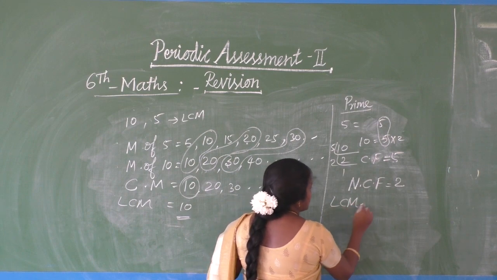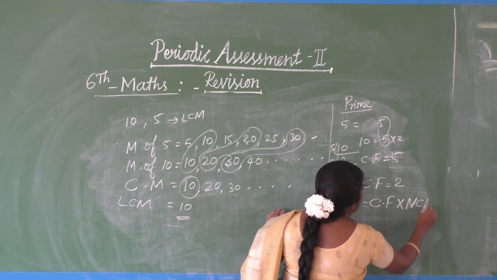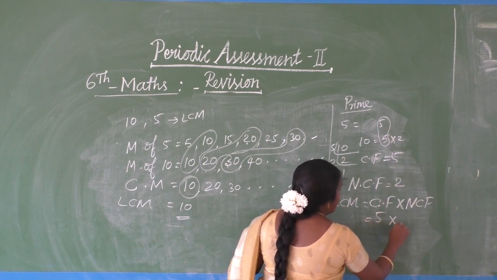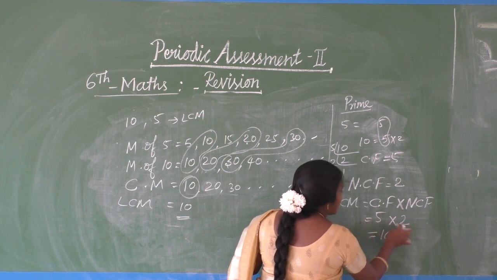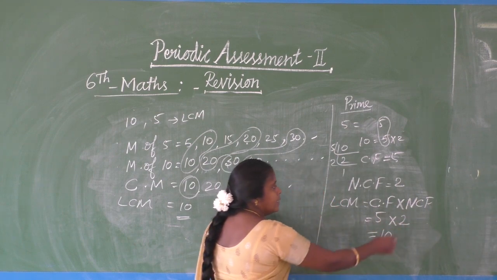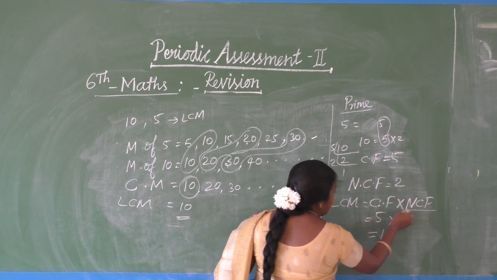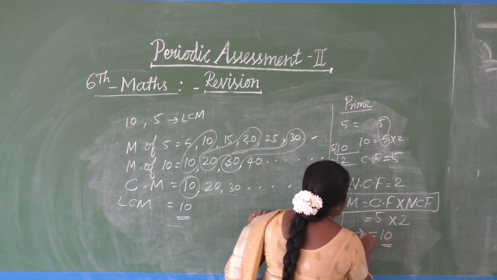LCM, what I said just now, common factor into non-common factor. That means common factor 5 into non-common factor 2. So LCM is the product of common factor and non-common factors. So 10 is the answer.